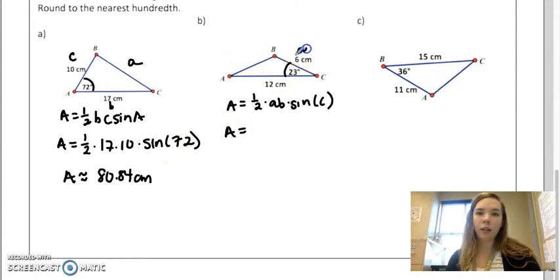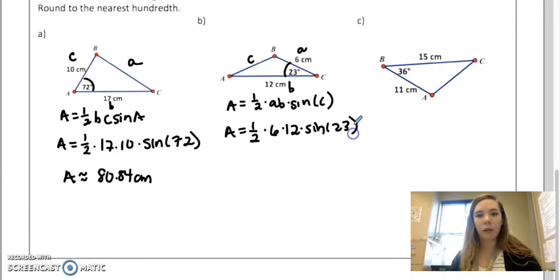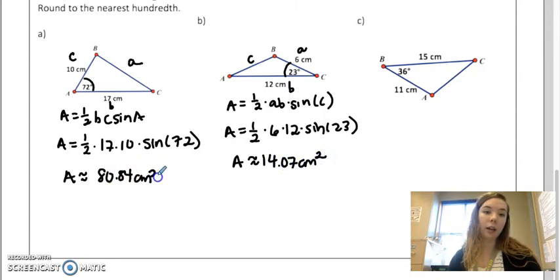Little a is 6, little b is 12. We don't know little c, but it'd be straight across. So you have 6 times 12 times sine of 23. And I'm going to type that whole thing into my calculator. So the area is 14.07 centimeters squared. And I need to go back and add that here. Area is always square units.